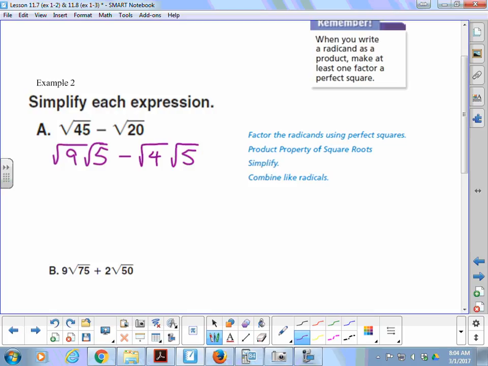I kind of skipped a step here. I'm okay with that if you do that. If you go right to this step, we get 3 square roots of 5 minus 2 square roots of 5. Now I do have like radicals. So 3 minus 2 is 1. So this is just the square root of 5.